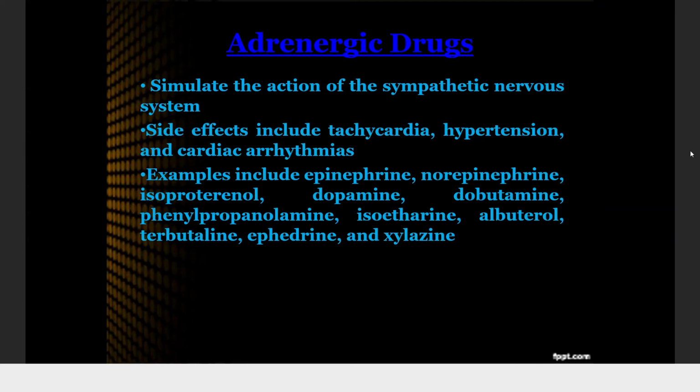The second clinical use of xylazine as an adrenergic drug is as a nasal decongestant and vasopressor. When you have congestion in the respiratory tract, it is caused by the swelling of the blood vessels of the mucous membrane of the nasal passages.